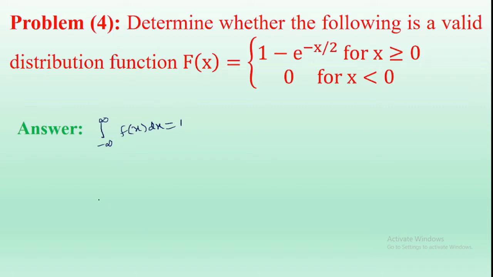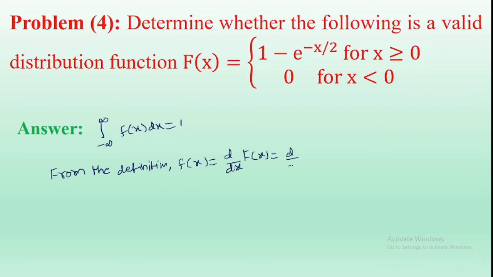Given the distribution function, first calculate the probability density function. From the definition, f(x) is equal to d by dx of the distribution function.